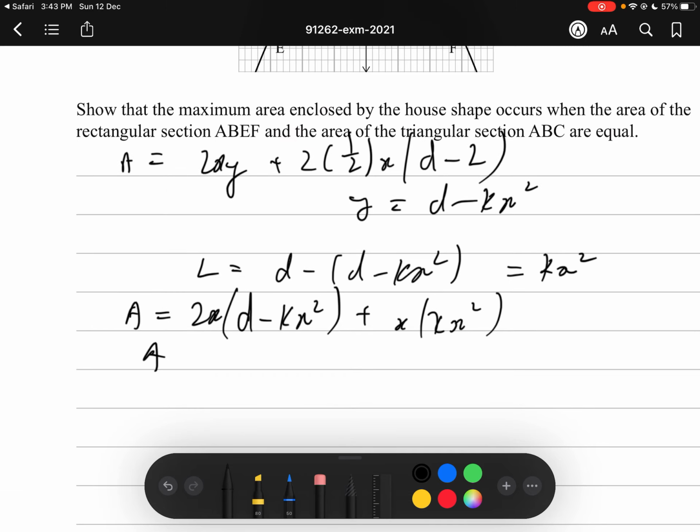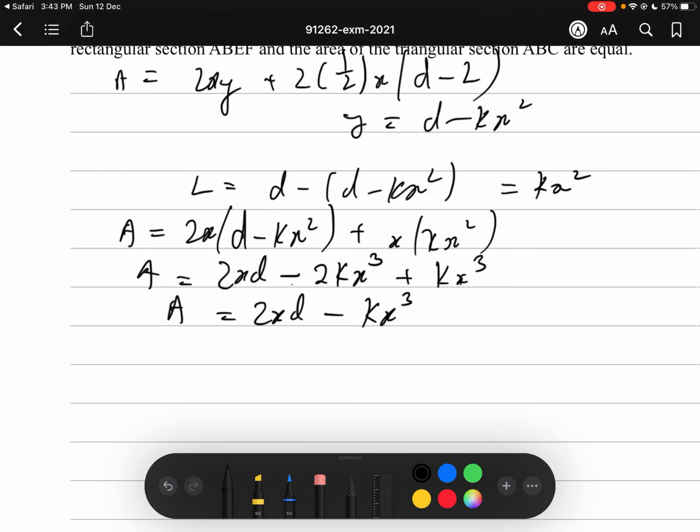If we simplify this a little bit, we get 2xd minus 2kx to the power 3 plus kx to the power 3. So we have A equals 2xd minus kx to the power 3. And so we have this generalized form.